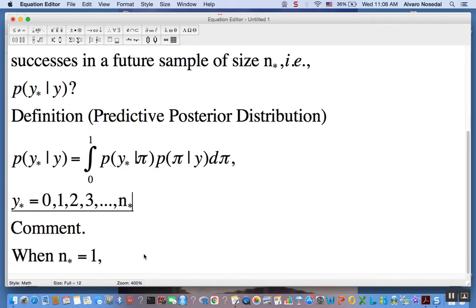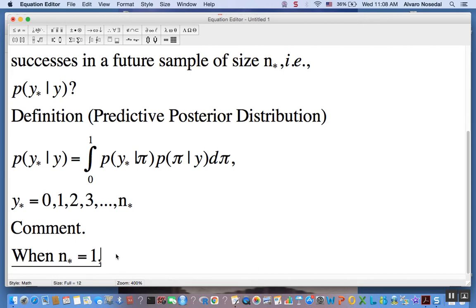Now back to that comment I wanted to make. Hopefully this is going to help us have a better understanding of what we mean by a posterior predictive distribution. If we had a future sample of size 1, what we mean is a single future observation.